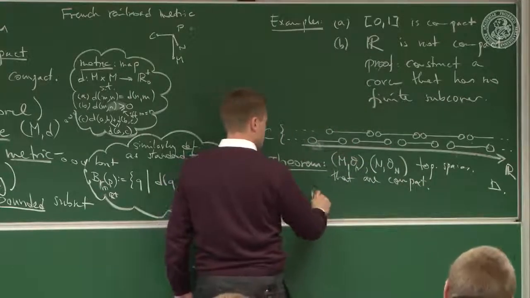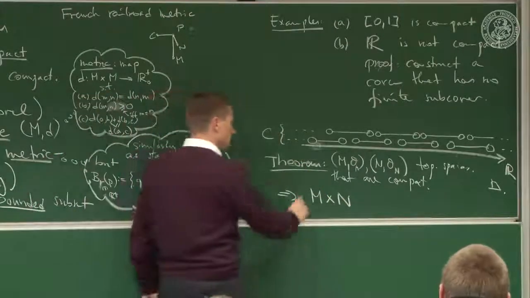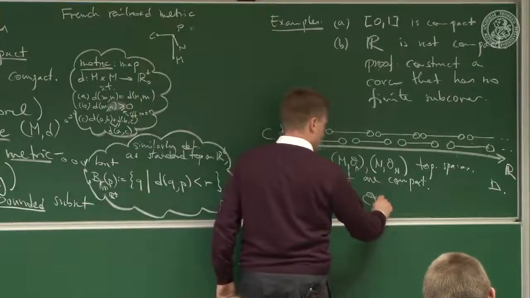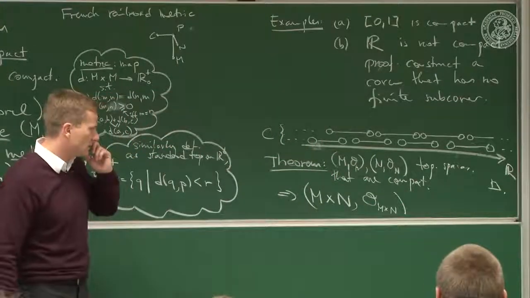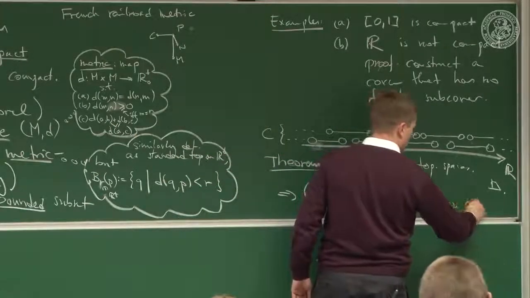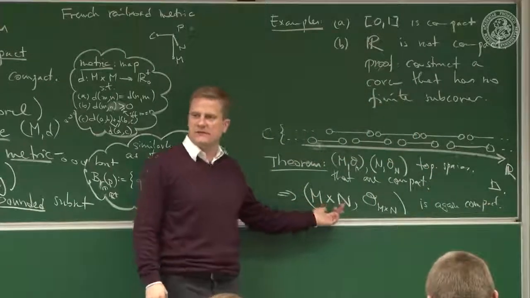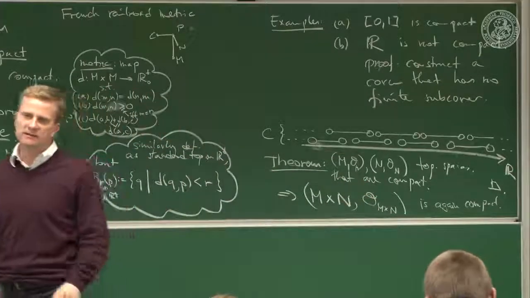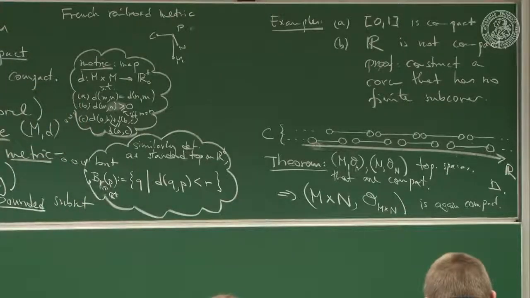Then it follows that the Cartesian product of the two spaces, how do I make them into a topological space? Well, I can equip them with the product topology. Then the Cartesian product of the topological spaces is again compact. And if this works for two Cartesian factors, it works for finitely many. So compactness is inherited by finite products. That's good.